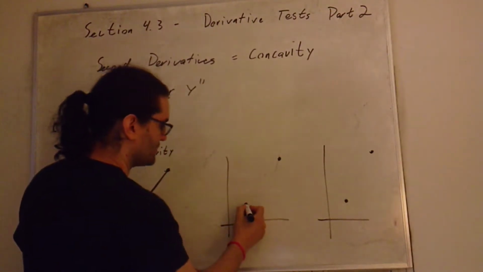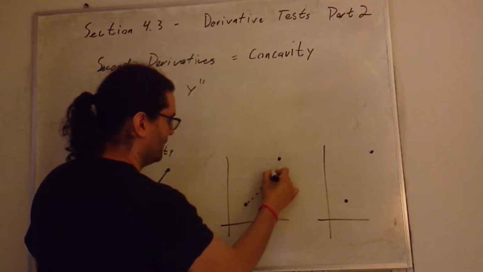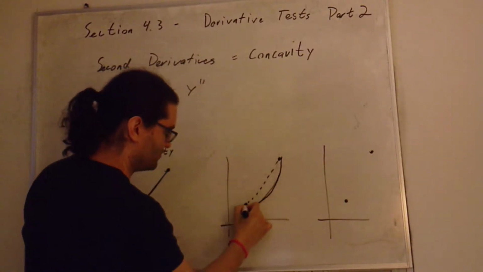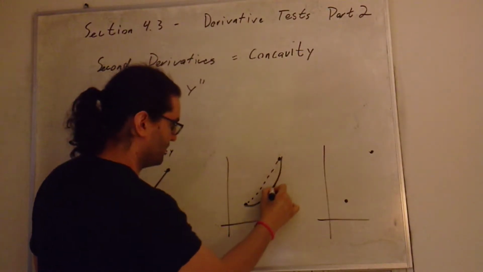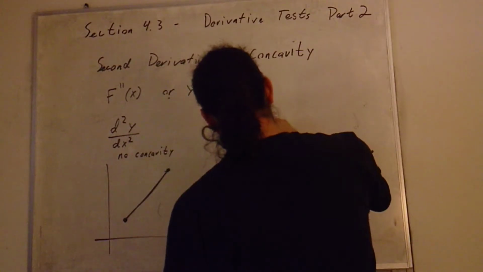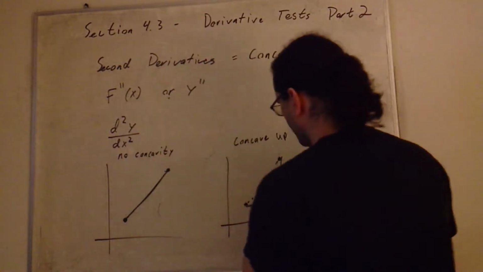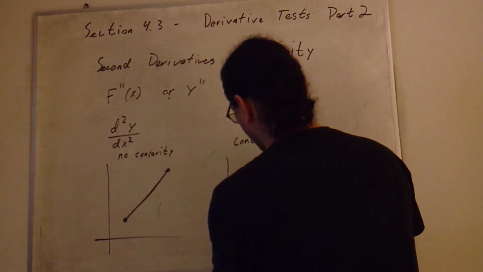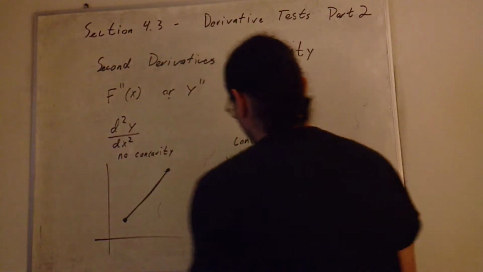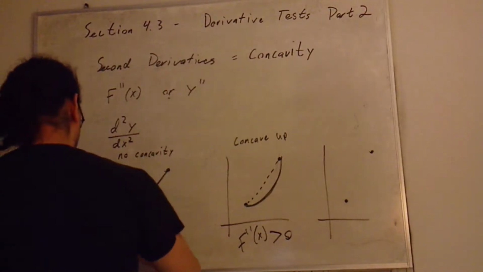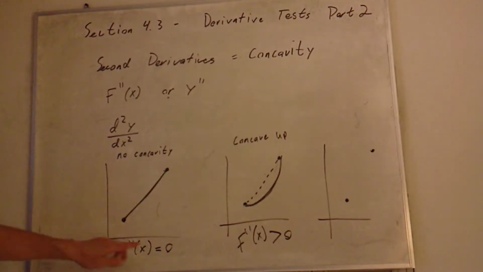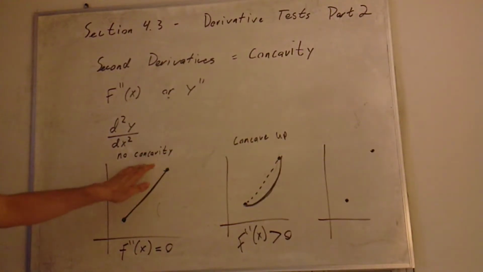So this means that the second derivative is 0. Straight lines have concavity 0, or have second derivative equals 0, so no concavity.